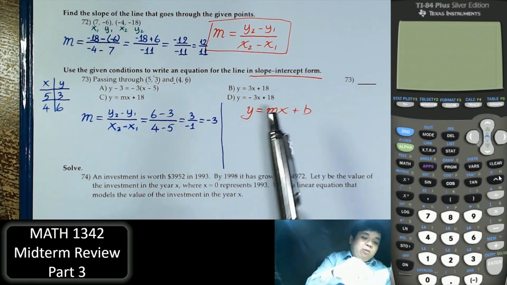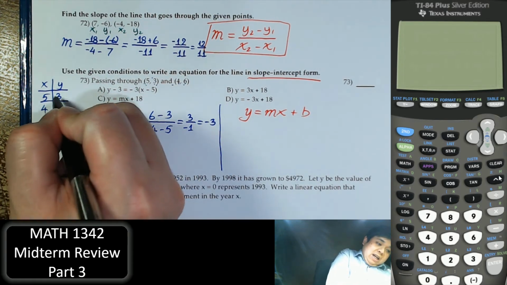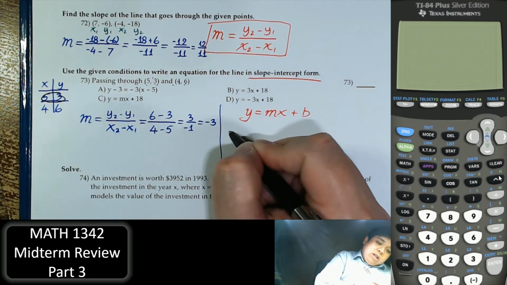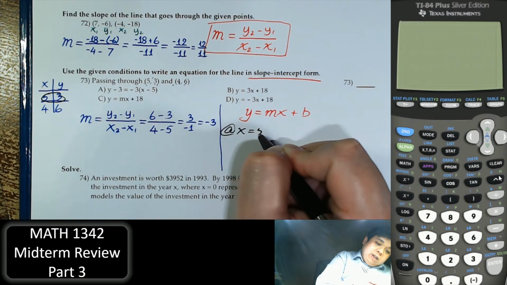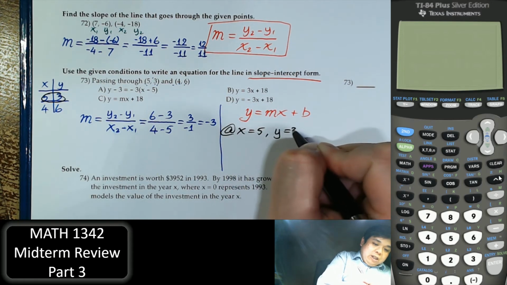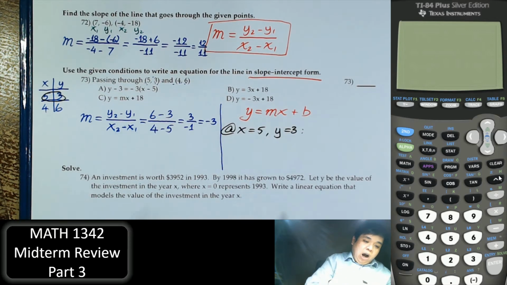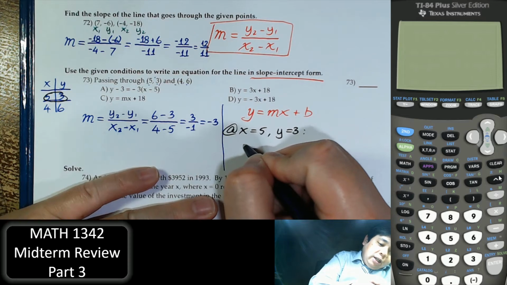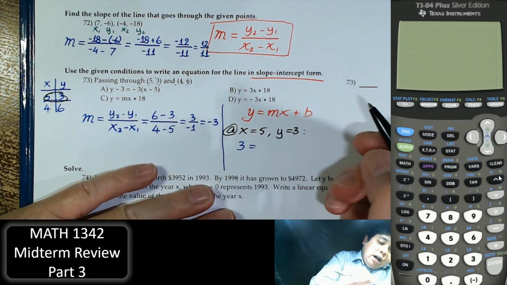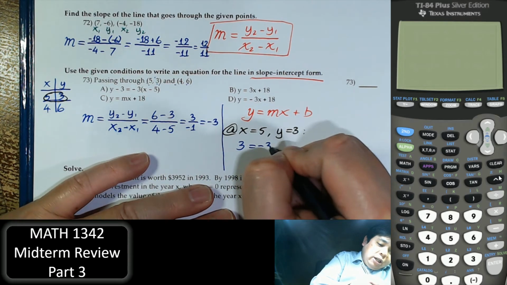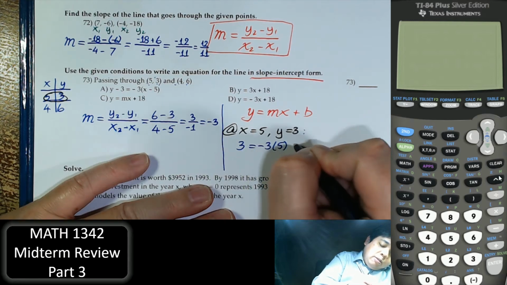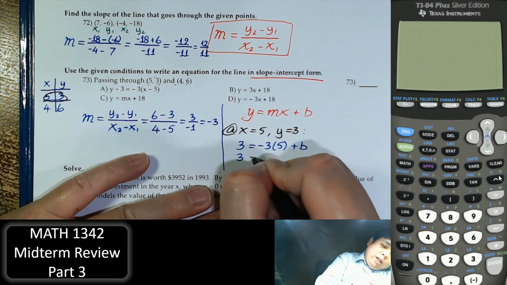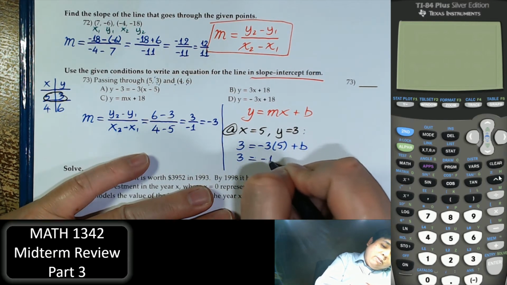But we still have y equal to mx plus b, and let's use this point. We say at x equal to 5, y will be equal to 3. And I substitute in this along with m equal to negative 3. So y is 3, m is negative 3, x is 5, plus b. So 3 equal to minus 15 plus b.